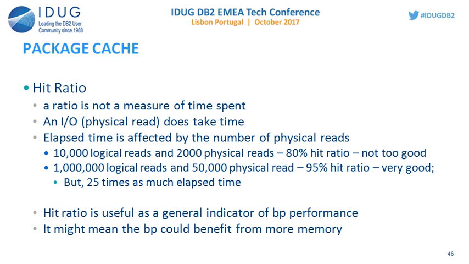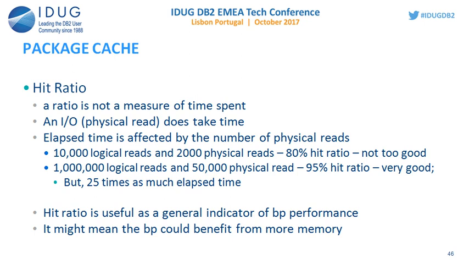Hit ratio for the buffer pool. Now, hit ratio is not a column, but it's easy to calculate. A ratio is not a measure of time spent. It's the physical read that takes time. If you have one access path with 10,000 logical reads and 2,000 physical reads, that's an 80% hit ratio, which isn't too good.